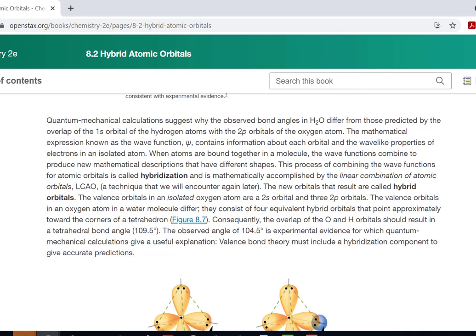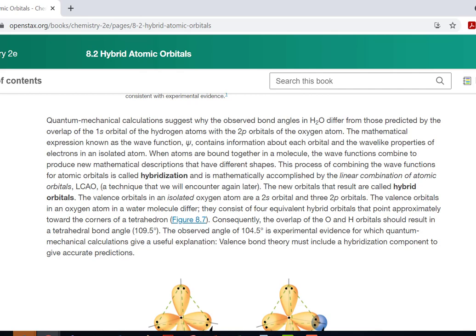So how we make this work is by reconsidering what kinds of orbitals exist when we have bonding going on. The orbital concept, again going back to Module 6, is expressed by a mathematical wave function, which we use the symbol psi to indicate.